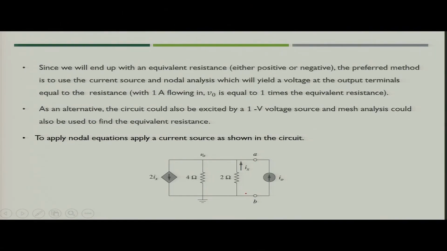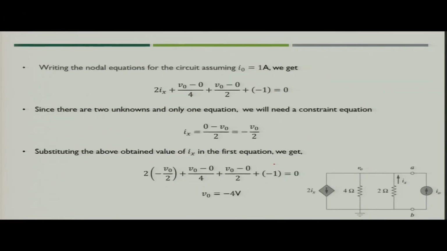Now, what will we do? We will see that this particular circuit has one node. The voltage across A and B would be nothing but the voltage across both of the resistances also, because all those elements are in parallel. So, we will solve it with the help of the nodal equation, because it is easier to apply Kirchhoff's current law in this circuit.